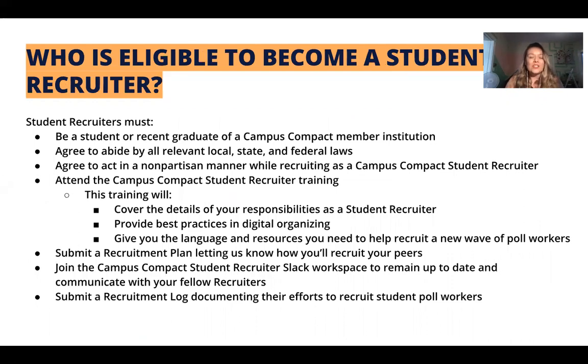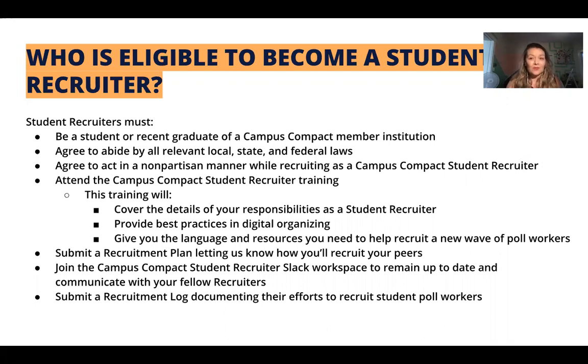Now, I also want to talk quickly about who is eligible to become a student recruiter. I know if you're listening, you are probably all in, you are on board, this sounds great. So before you hit that apply button, here's a few things you should know. Student recruiters must, first and foremost, be a student or a recent graduate of a Campus Compact member institution.